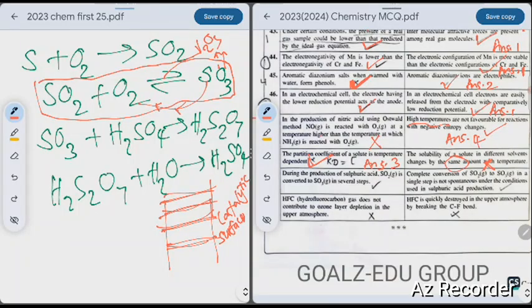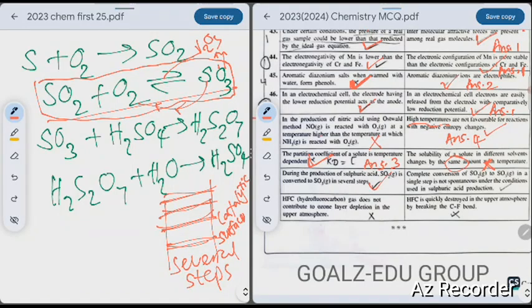Therefore, it happens in several steps here. We have to consider several steps as this, because it is sent through several catalytic surfaces. We cannot directly convert SO2 to SO3 in a single step. So this is correct.